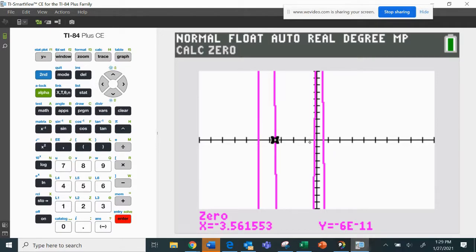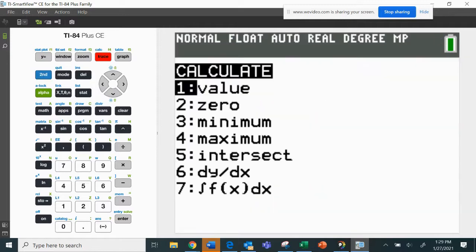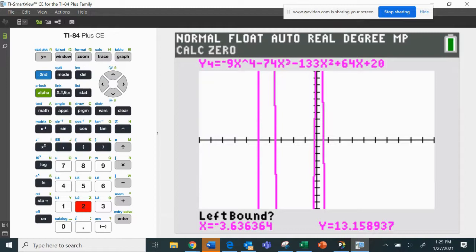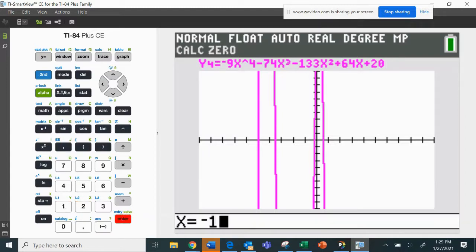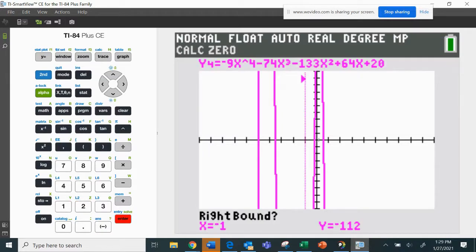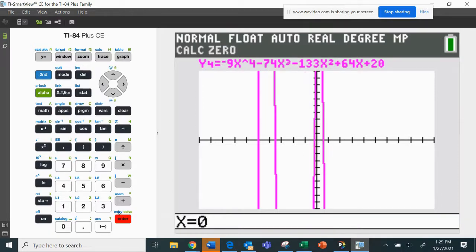So I'm going to do the left-right thing for this next one. Second trace, 0. My left boundary, I'll choose -1, enter. And then my right boundary, I can tell it doesn't go through 0. If you want to be safer, you can go to like 0.5. I'll just do 0. I think it's a safe bet.